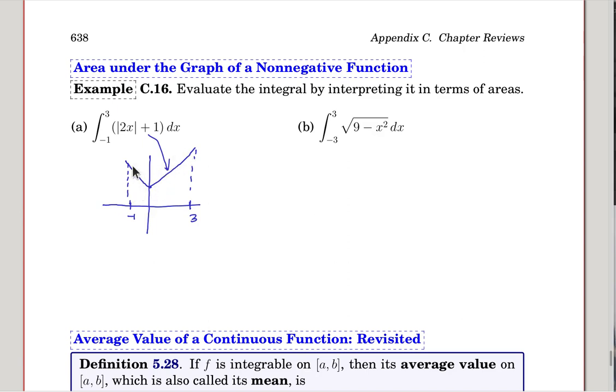That curve is basically like that, so we can add these two areas. For this point, once x is -1, then the height is 3, right? And once x is 3, then the height is 7.